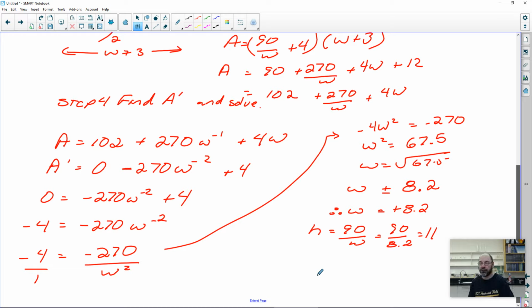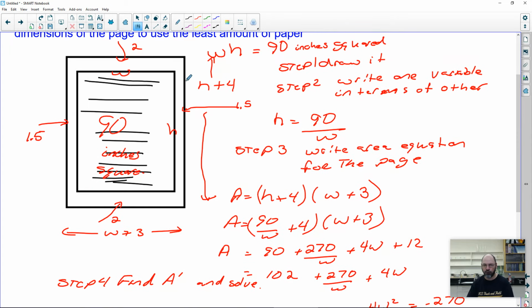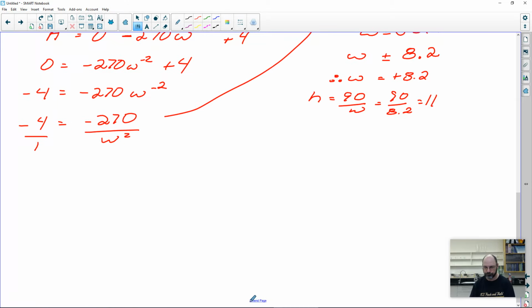So the final step, step 5, is to answer the question. And we notice that if we look at our diagram back up here, we have to add 4 to the height and 3 to the width to get the dimensions of the page. So step 5, answer.